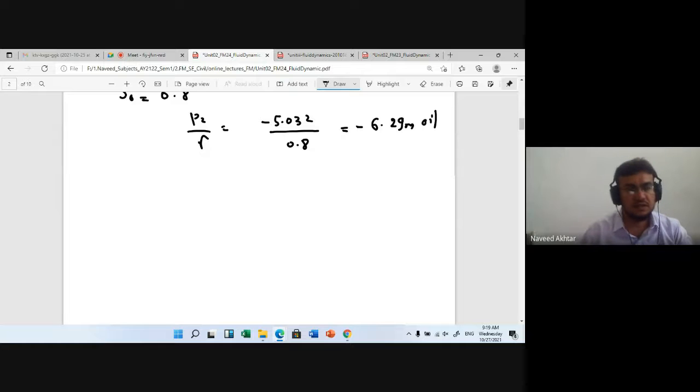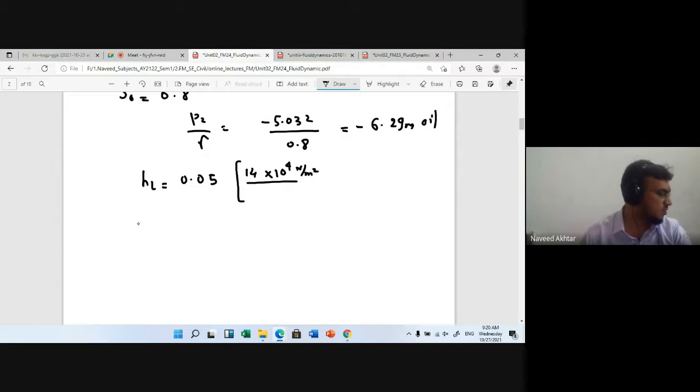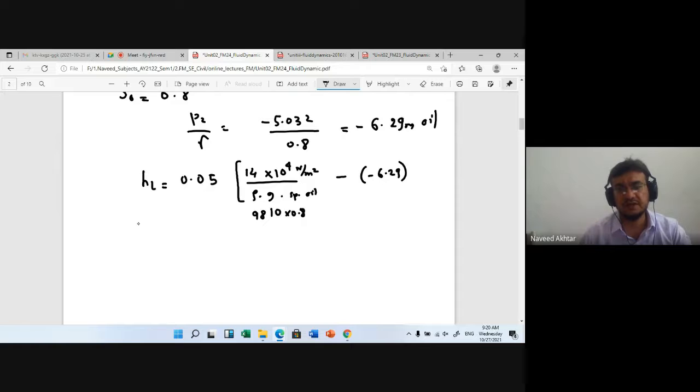So you know that the head loss, which is 5%, that is 0.05. P1 by gamma is 14 into 10 raised to 4, converted into Newton per meter square, divided by rho into g, that is 9810 into the specific gravity of the oil, 0.8, minus minus 6.29 meter.